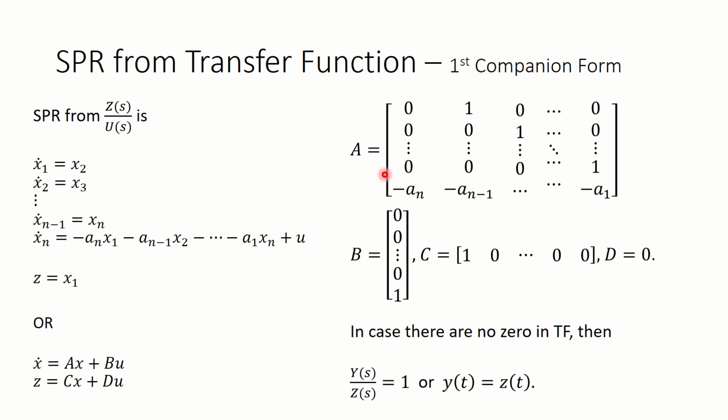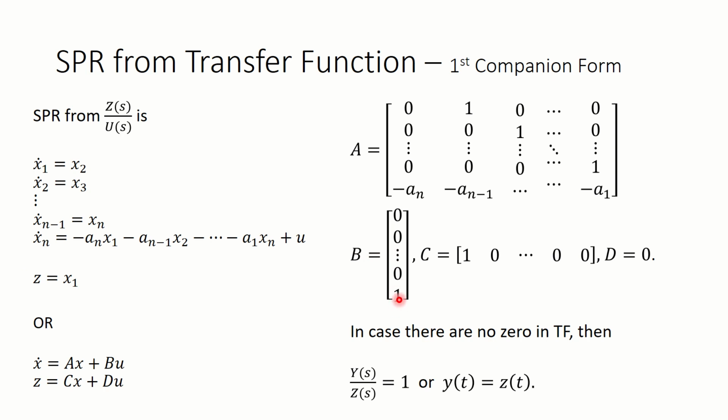So here xn minus 1 dot will be like that, and xn dot is minus an x1 minus an minus 1 x2 and going ahead minus a1 xn, the last term, and there is u associated with only the xn dot dynamics, not any other dynamics. So B, which multiplies with u, will have all the elements as 0 except the last one, which is 1.